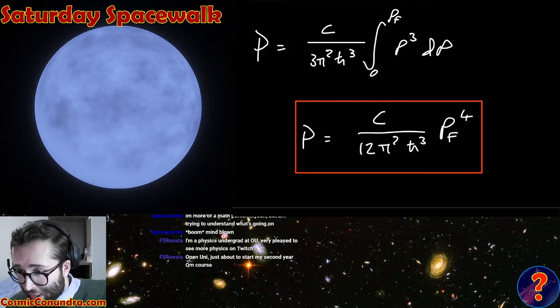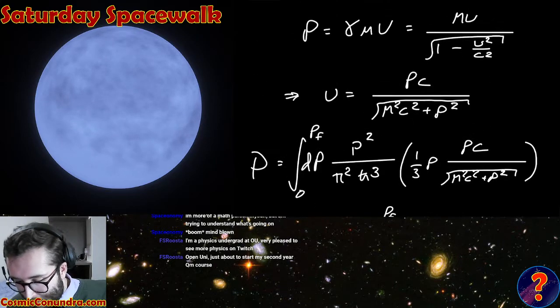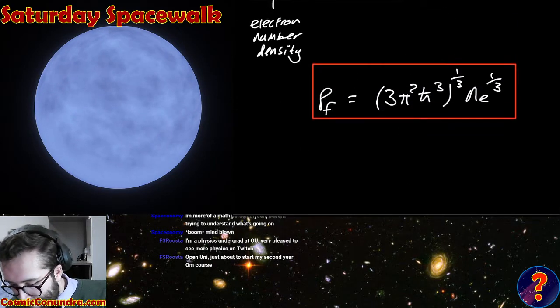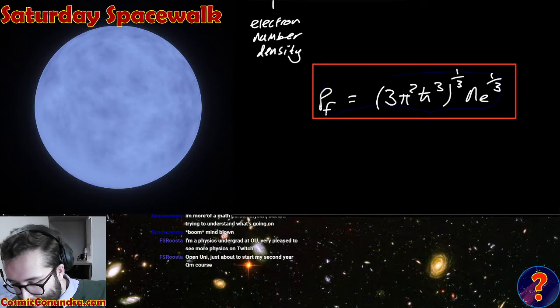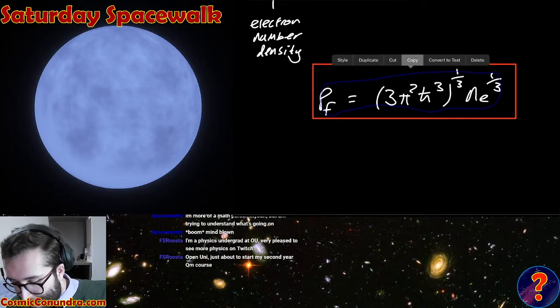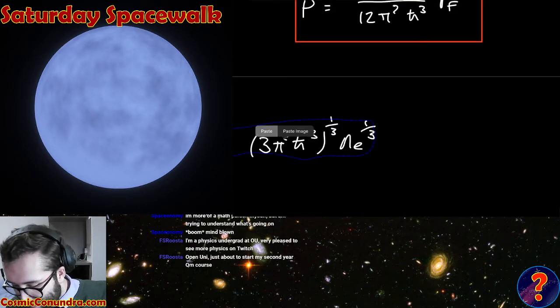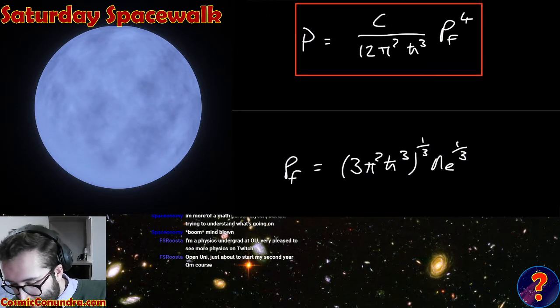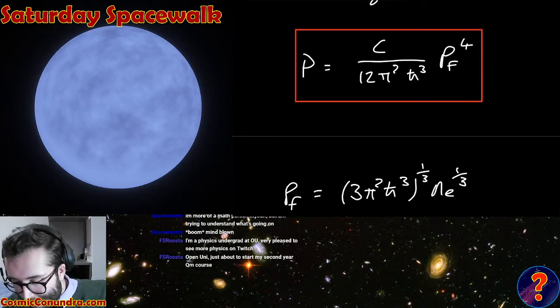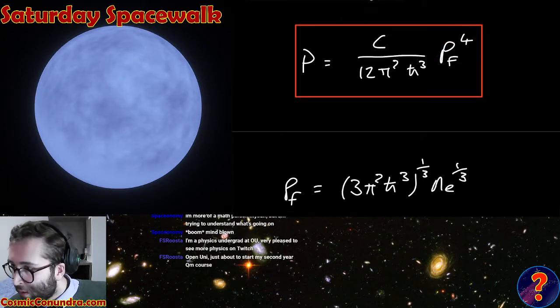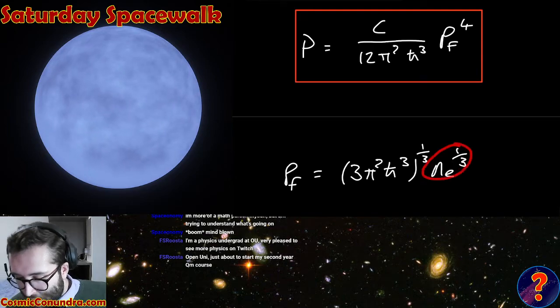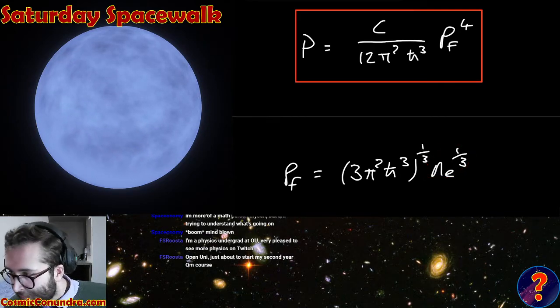But remember, we already have an expression for the Fermi momentum. We found earlier the Fermi momentum in terms of the electron number density here. So if we want to, we can replace the Fermi momentum with something that involves the electron number density.